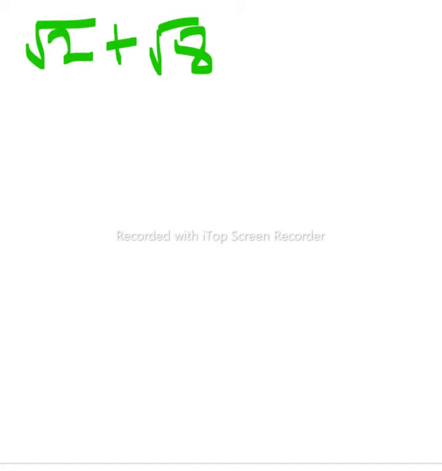As you see, here we have 2 and here we have 8, so they are not the same. But we can express this number in another way.